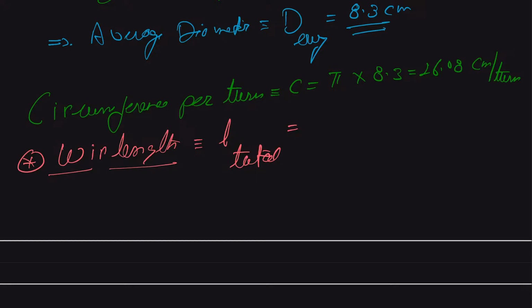then this total wire length will be equal to number of layers, which is our 2 in this case, multiplied by length per layer.